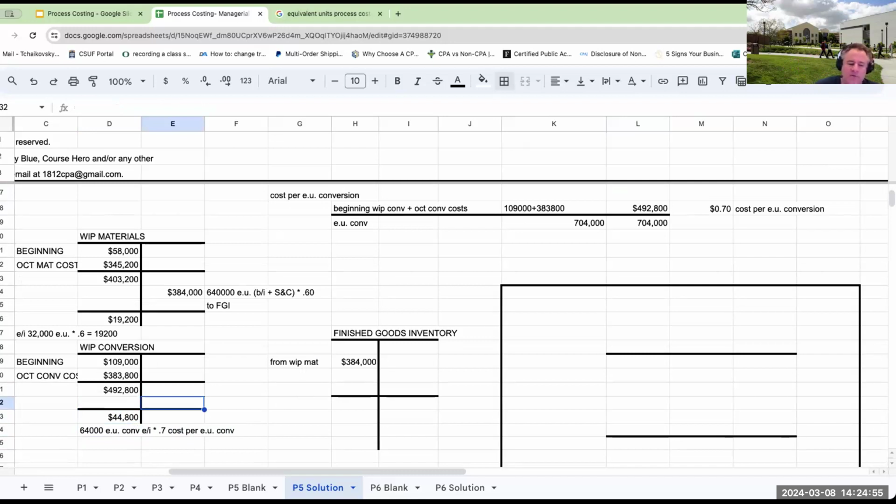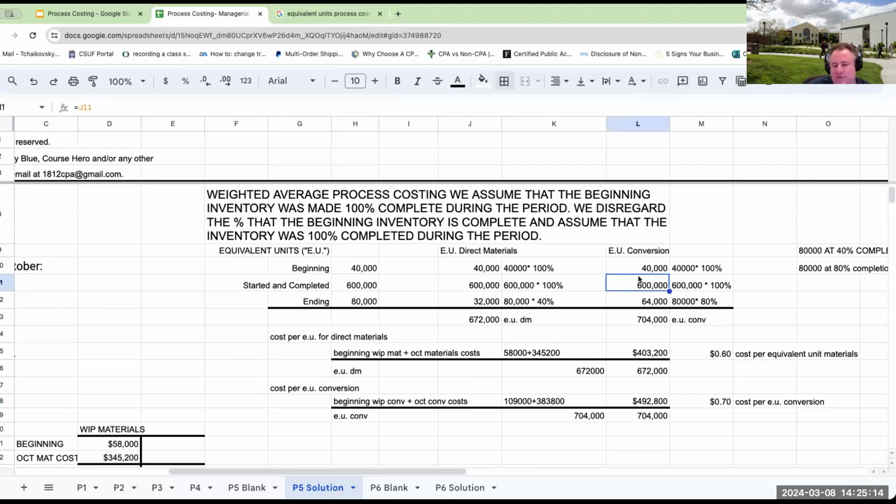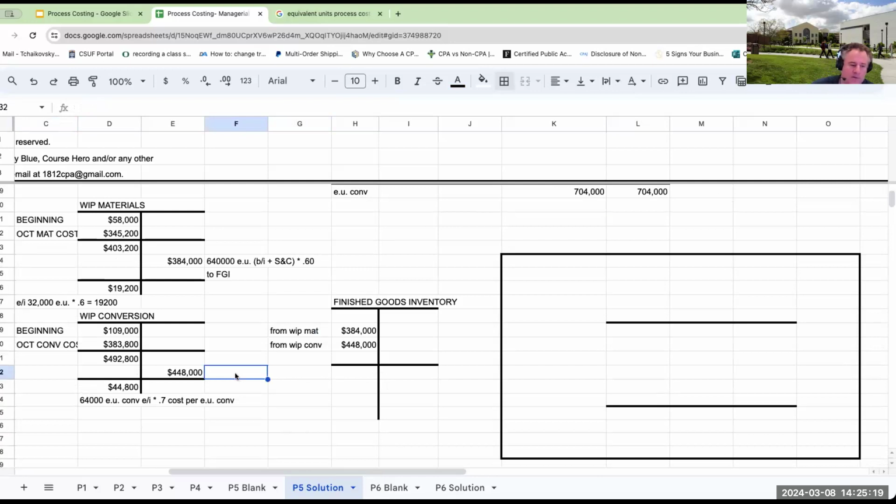Okay. In order to get to 44,800, which is my ending inventory for conversion, I must have sent out 448,000 from WIP conversion to finished goods. How do I know that's right? Well, I sent out 640,000 equivalent units for conversion times 0.7.